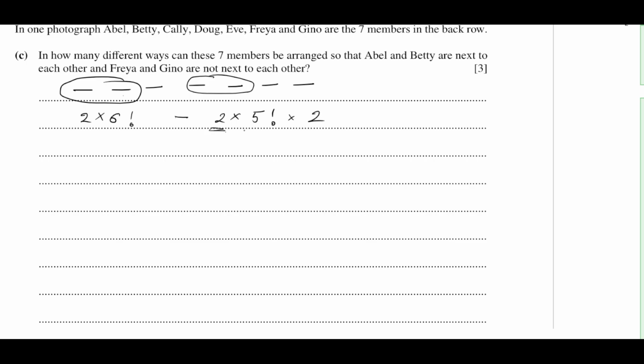This 2 is multiplied because Abel and Betty are together, so they can flip themselves in 2 ways. Similarly, Freya and Guido can also flip in 2 ways. So this is my total arrangement. If I take 5 factorial common, it is 6 times 2, which is 12, minus 2 times 2, which is 4. 12 minus 4 is 8. So 5 factorial into 8. 5 factorial is 120, and 120 times 8 is 960. 960 will be your answer.